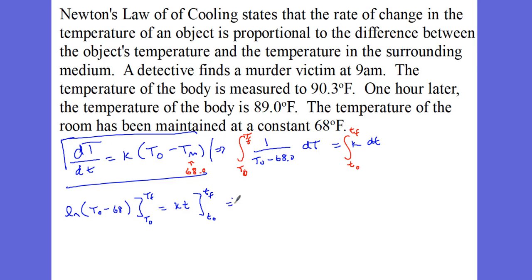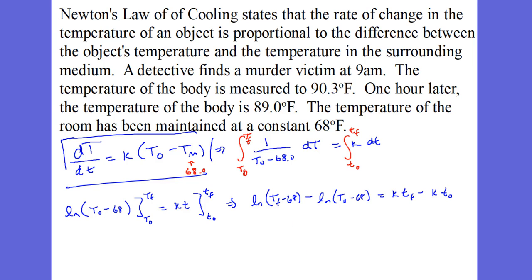And so let's start plugging some stuff in. Here we have natural log of my final temperature minus 68 degrees, minus natural log of my initial temperature minus 68 degrees, equals kt final minus kt initial.